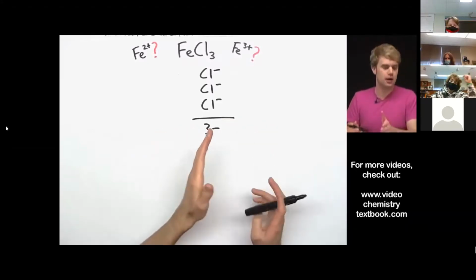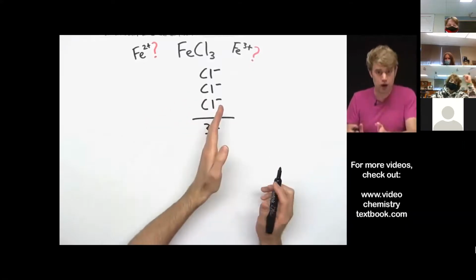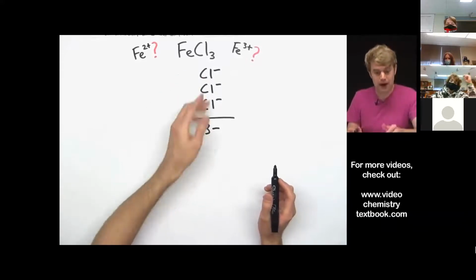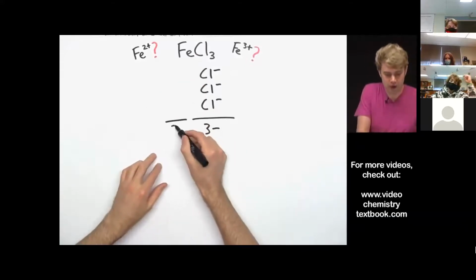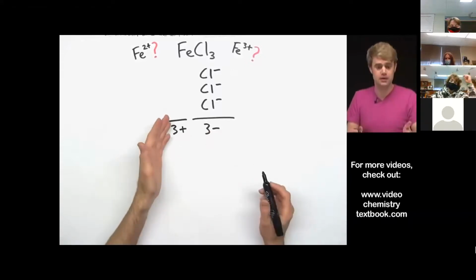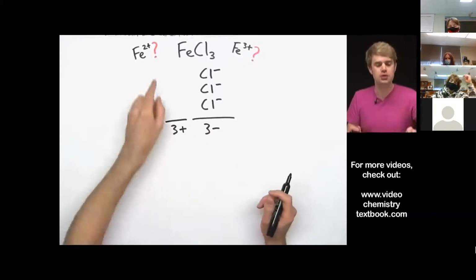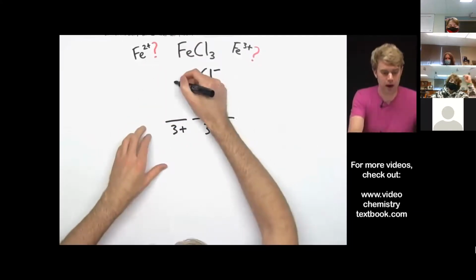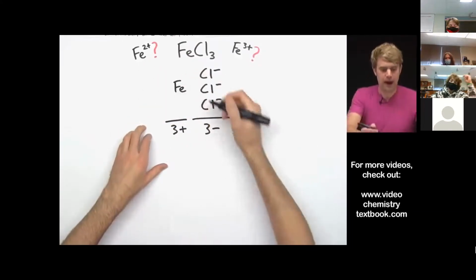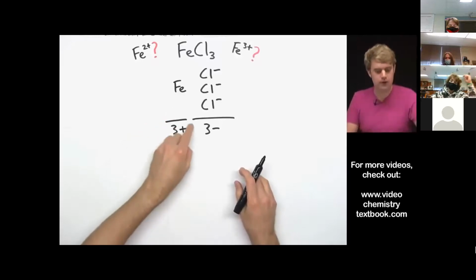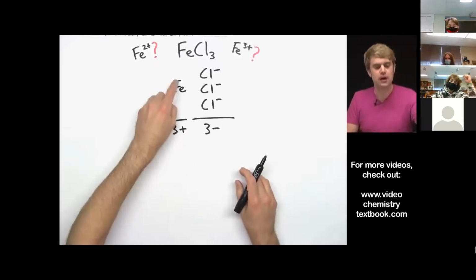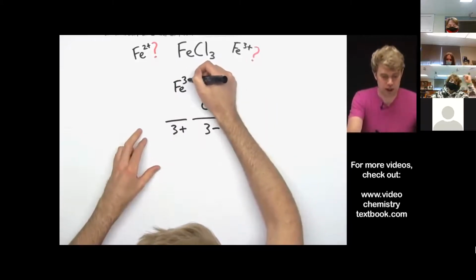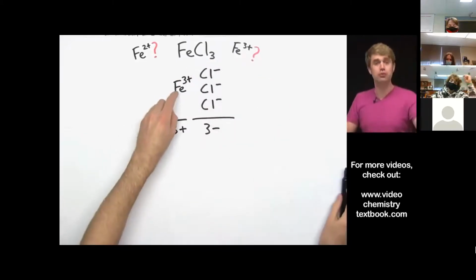Now, in an ionic compound, the negative charge always has to balance out with a positive charge. So if we have 3- on this side, we've got to have 3+ on this side. So what's the charge on iron now? Well, there is 1 iron ion in this compound, which means that all of the positive charge has to be on this 1 ion, which means that its charge is Fe3+.